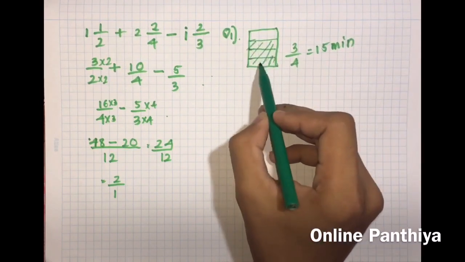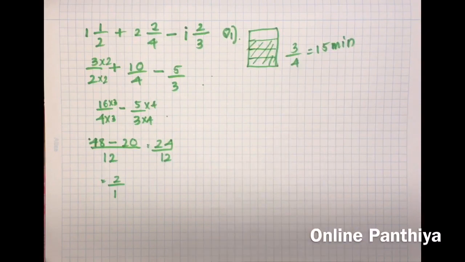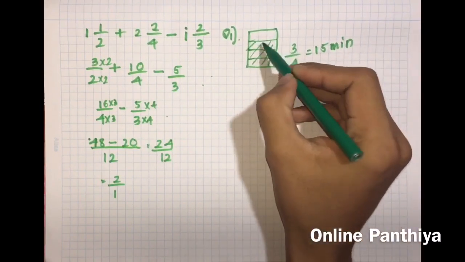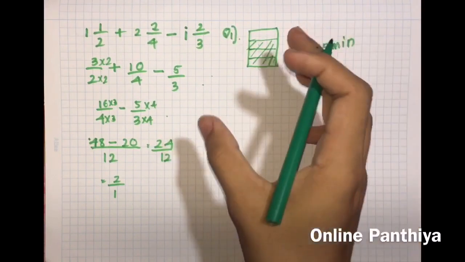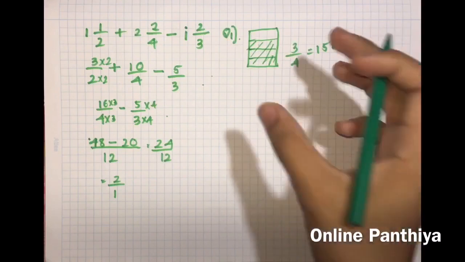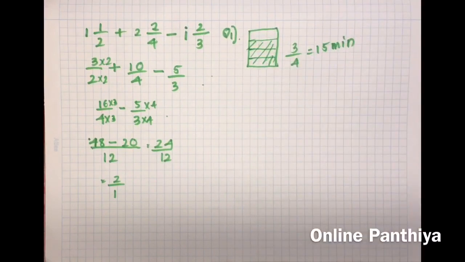All these 3 parts, it takes 15 minutes. You have to find the time taken to fill the whole tank. Whole tank means already how many parts? 4 parts. That means, in other words, you have to find the total time taken to fill all 4 parts. Okay, that is simple.